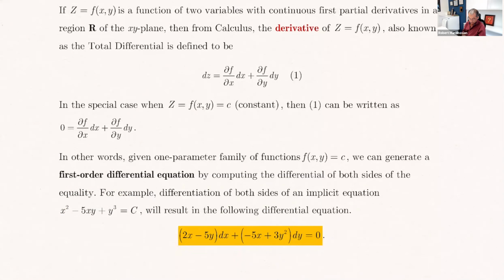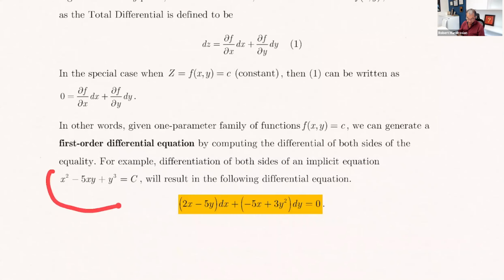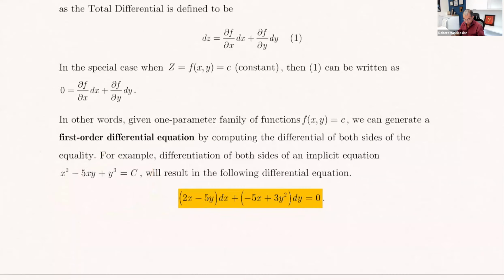The partial of this expression with respect to y is going to be negative 5x plus 3y squared, because x is considered a constant when there's no y, times dy. And that equals the derivative of a constant, which is 0. And that's our function.